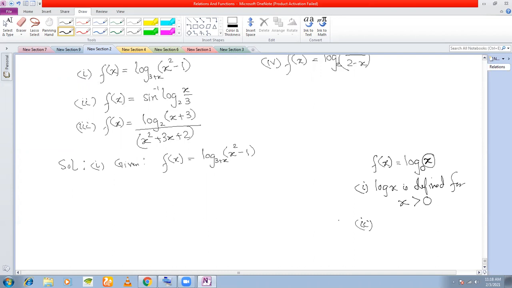And what is the next restriction that I told you? For log to be defined, the base of the log has to be a positive number and not equal to 1.